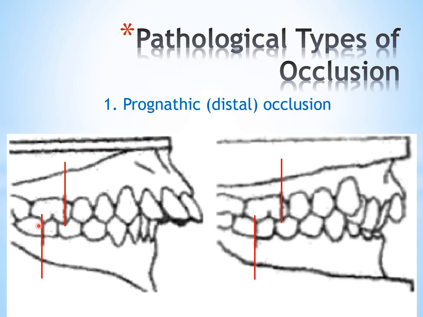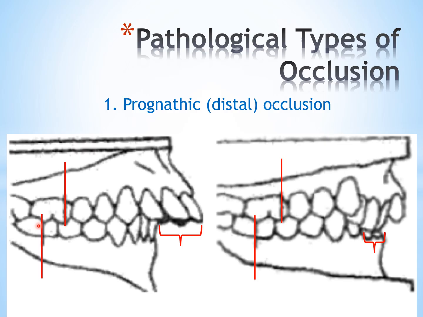And Angle divided distal occlusion, or the second class of pathology, into two subdivisions, Division 1 and Division 2. You will meet in literature diagnoses like Class 2 Division 1 or Class 2 Division 2.